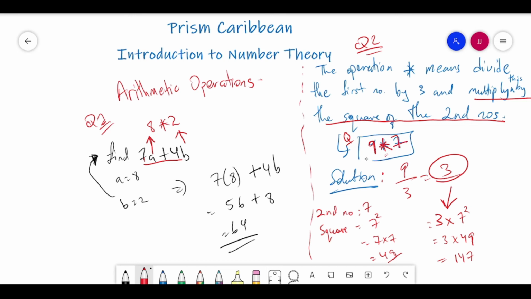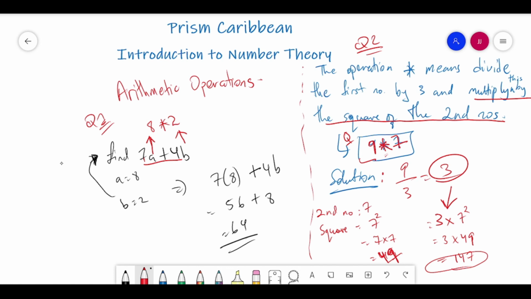They said to divide the first number by 3, which we did: 9 divided by 3 is 3. And then multiply this by the square of the second number. To not confuse ourselves, we found the square of the second number to be 49. So this will be 3 multiplied by 7 squared, which is 3 multiplied by 49, which in this case will give us 147.